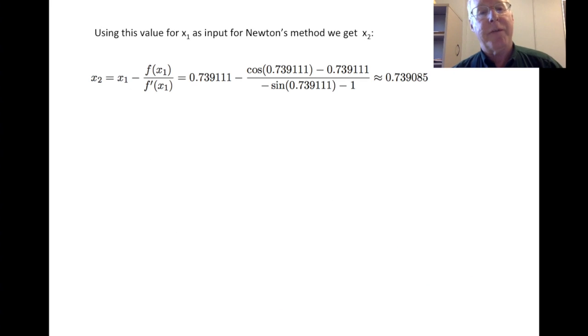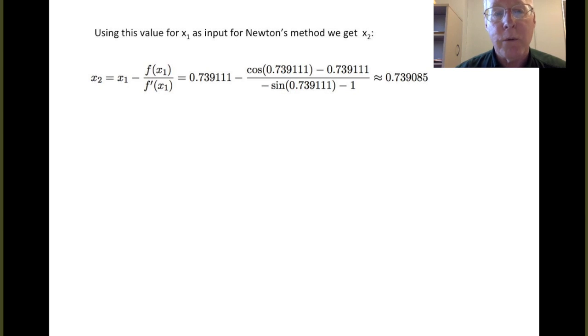Now we're going to use this x1 value as our input for Newton's method again, and that'll give us x2. So here's what x2 would look like. It'd be x1 minus f of x1 over f prime of x1. And then we just have to look up the x1 value we had before, 0.73911. There it is. And we put x1 into the numerator and the denominator for x. So here's the cosine x minus x term with our x1 in there.